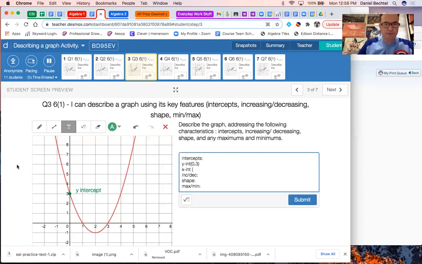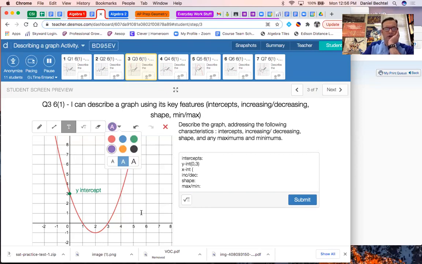Let's talk about the x-intercept for a second. What are the x-intercepts? How many do I have? I see it. Jemiah said 1 and 3. So if I look over here, nope, not the text, I need this.